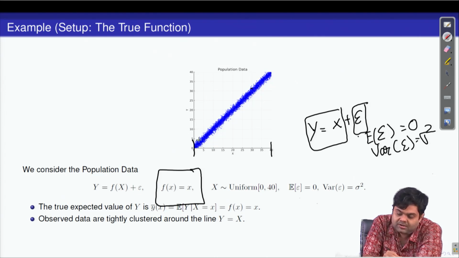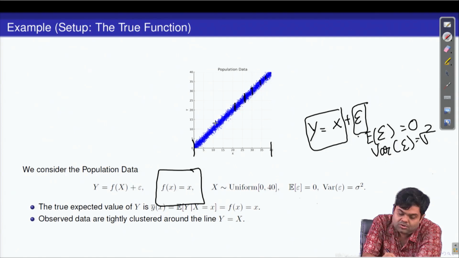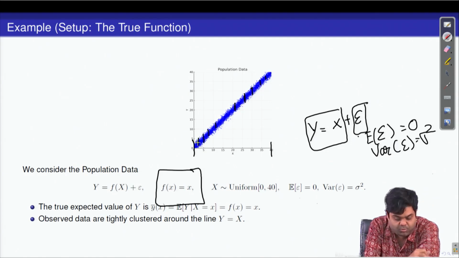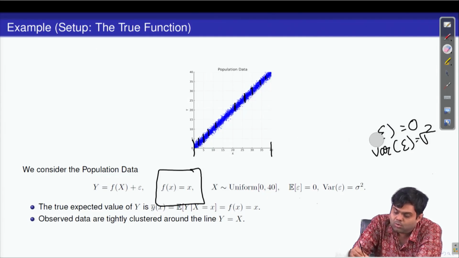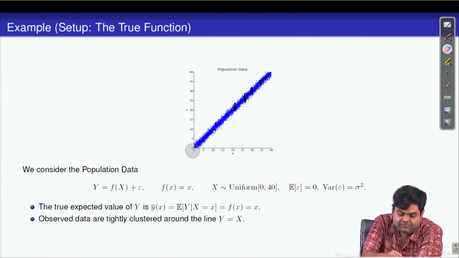So, in particular, x varies from 0 to 40, and for each value of x, y varies in these regions. Suppose you have such a population. So, this is your population. You want to model this population based on some algorithm.